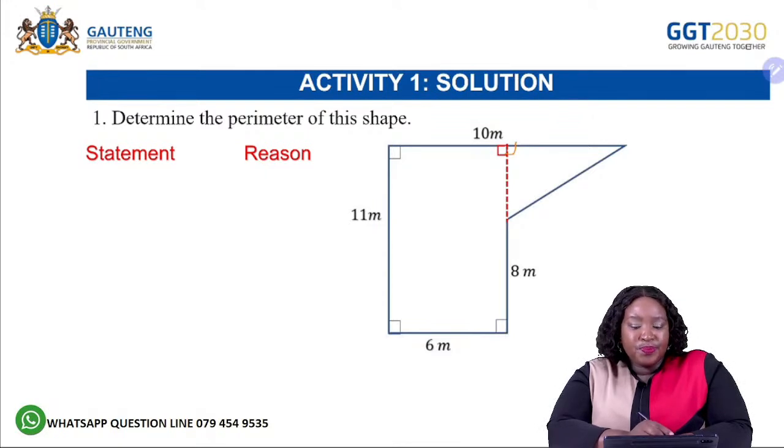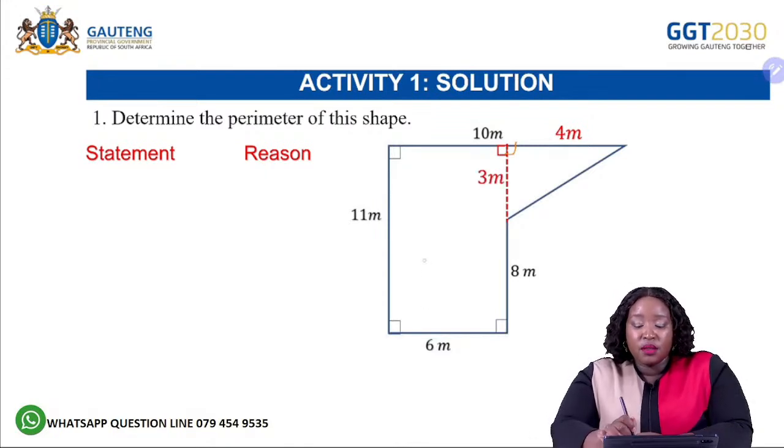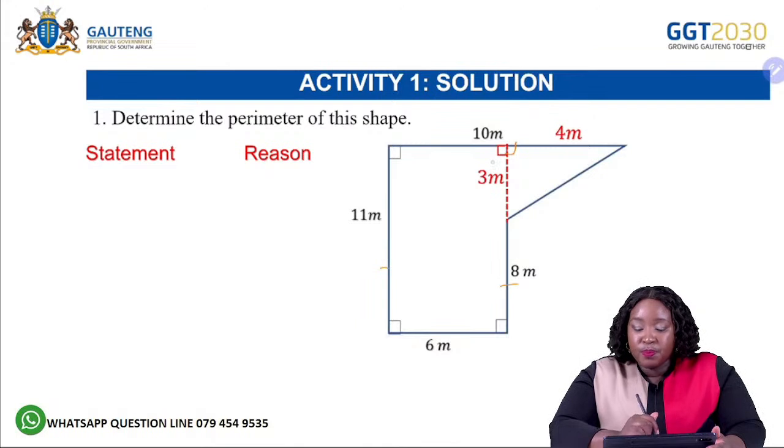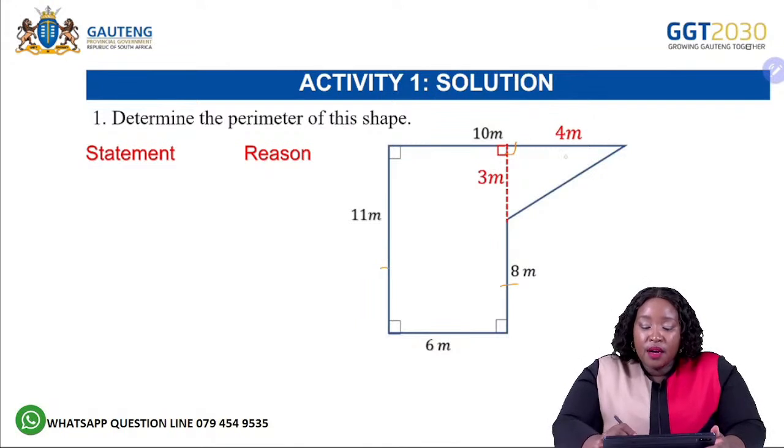And then the line you've drawn will be equal to 3 meters. All you say is 11 meters minus 8 meters. That's where you get the space that's left to be 3 meters. Remember, this side is equal to that side as a whole. And then 4 meters, where did we get this 4 meters? We had to say 10 meters minus the 6 meters.